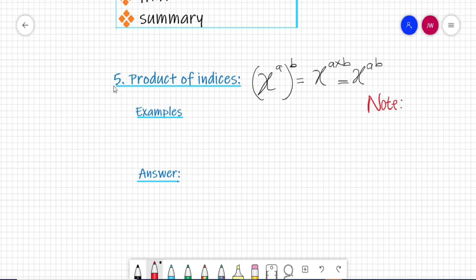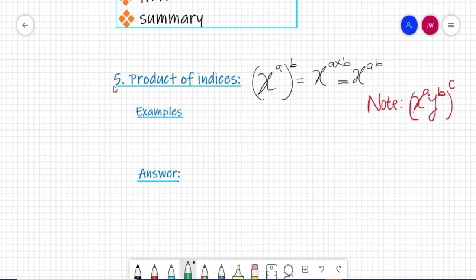Note that if you have an expression x variable raised to the power of a, y variable raised to the power of b enclosed in a bracket, but raised to the power of c. If you have an expression like this, you should put in mind that c is an outside power and it raises everything inside the bracket.